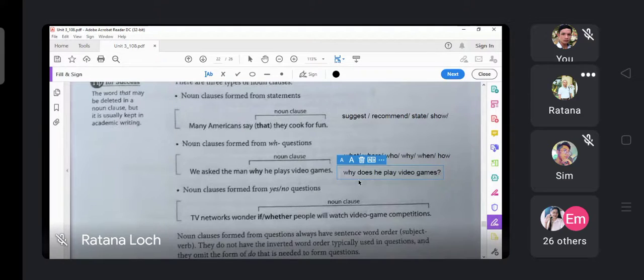And then if you want to use a noun clause, okay, you just say, teacher, I want to know why you answer like that, right? You can see this is a noun clause. I want to know who answered first.